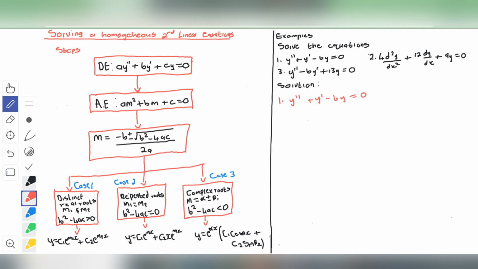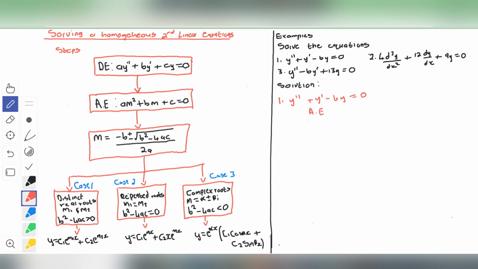So the first step is the differential equation, which is ay second prime plus by first prime. So the second step, you need to write your auxiliary equation, right?